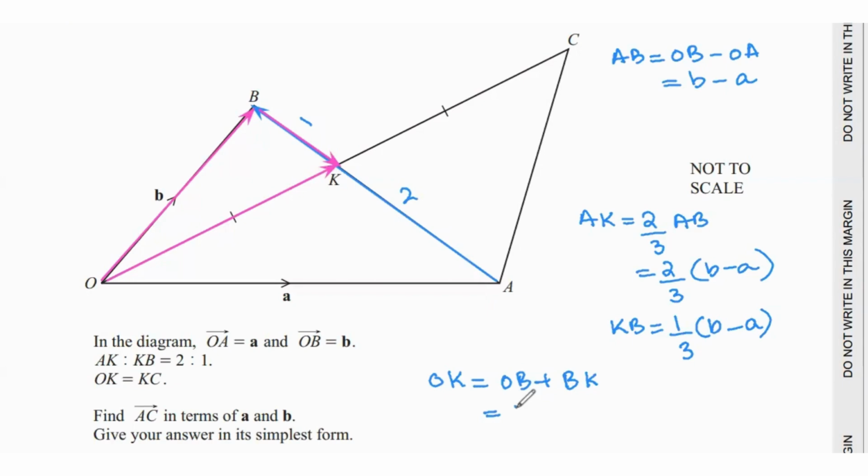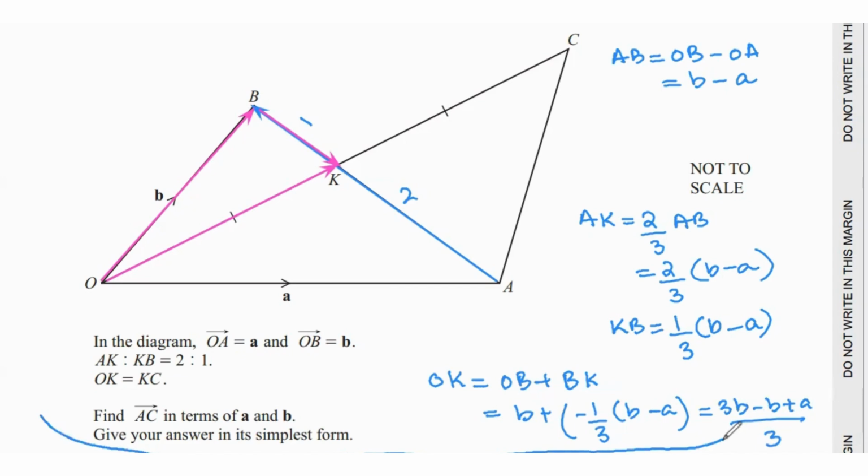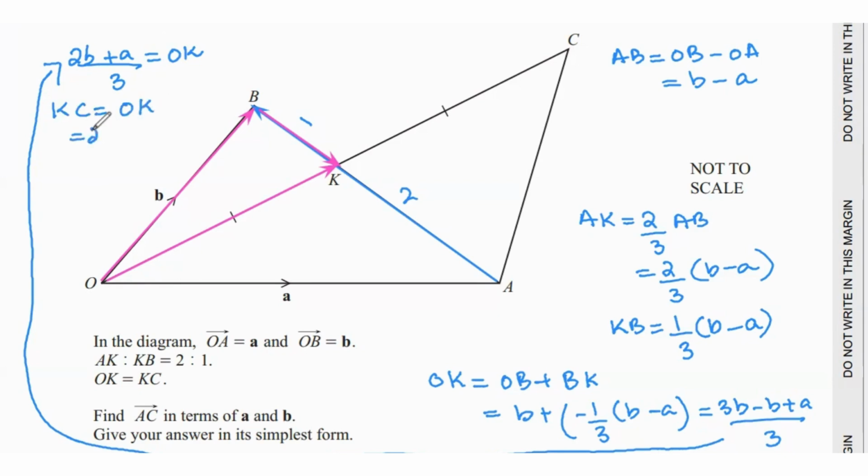So OB is b, BK is going to be negative 1/3 of b minus a, which will become 3b minus b plus a over 3, which is 2b plus a over 3. That is OK. So KC is also the same as OK. So that's 2b plus a over 3.